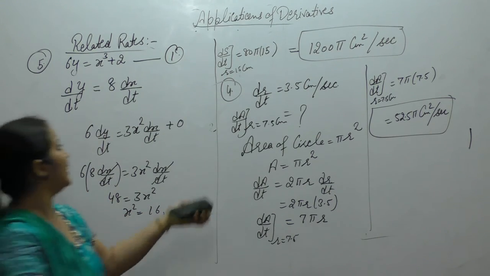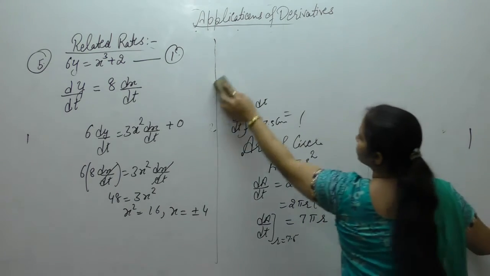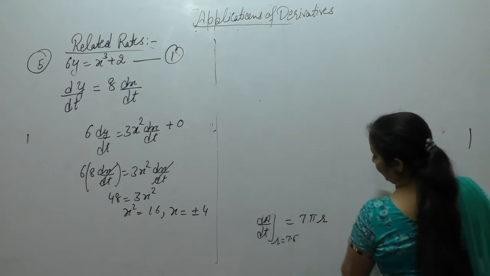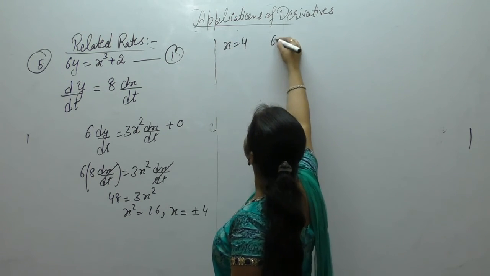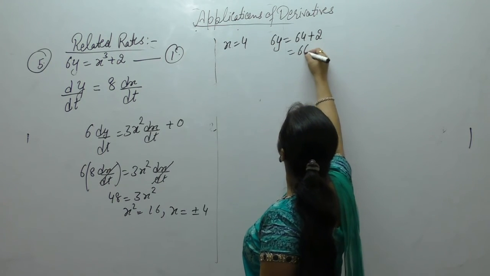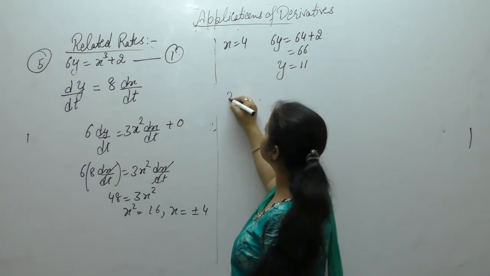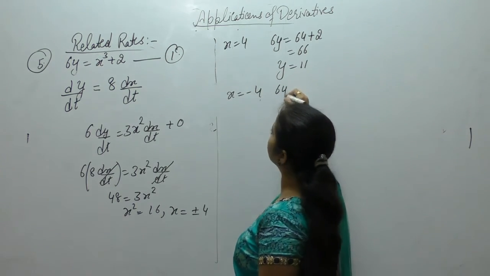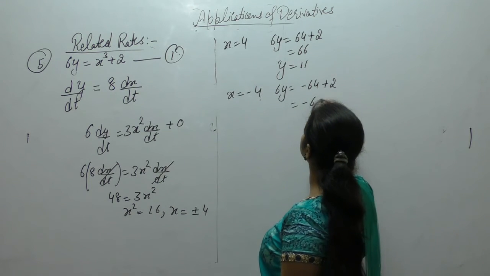Now we want to find the value of y when x is equal to 4 and when x is equal to minus 4. When x is equal to 4, 4 cube is 64 plus 2, 66. So we get y as 11. When x is equal to minus 4, minus 4 cube plus 2 is minus 62.